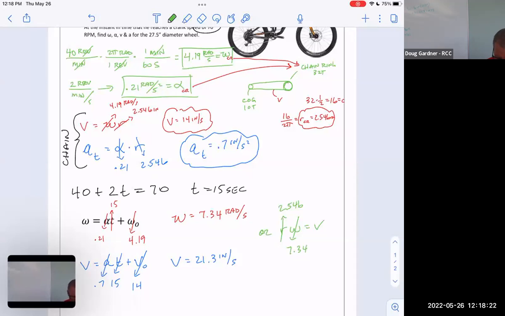I thought I was going to get 21.3 again, just out of curiosity. That's the answer. The tangential acceleration. When I plugged it into my calculator, I got like 0.5, 0.7. Got it.